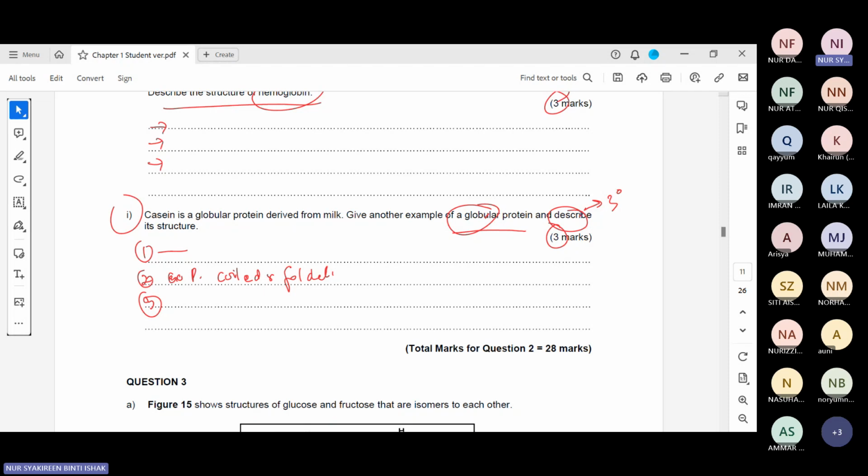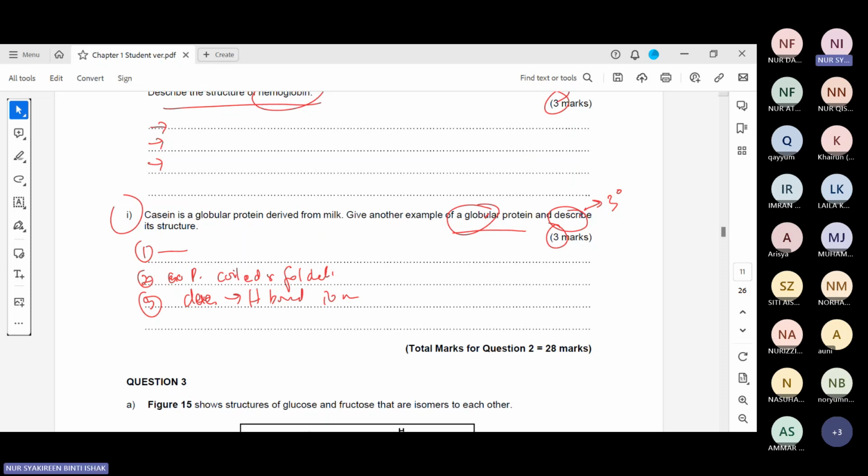Okay, so the coiled and folded structure is due to what? Due to the interaction between side chains involving hydrogen bonds, ionic bonds, hydrophobic interaction, disulfide linkage, van der Waals interactions. Ada 5 sebenarnya.